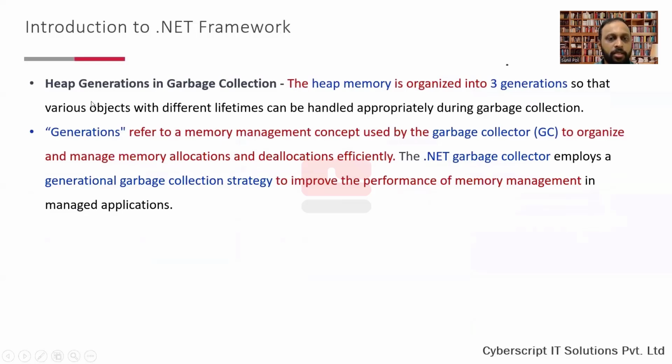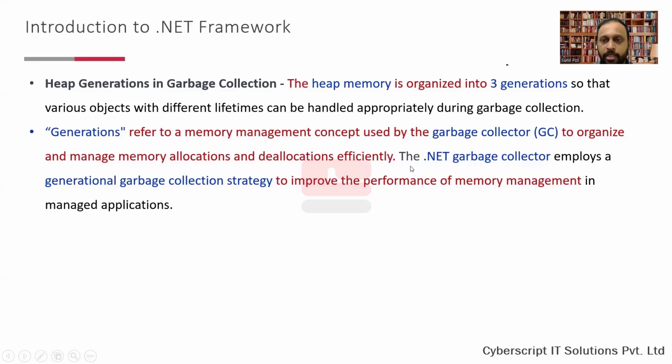So the garbage collector uses 3 generations, that is generation 0, generation 1 and generation 2. So what are these generations? Heap generations in garbage collection. The heap memory is organized into 3 generations so that various objects with different lifetimes can be handled appropriately during garbage collection. Generations refer to a memory management concept used by the garbage collector to organize and manage memory allocations and deallocations efficiently.